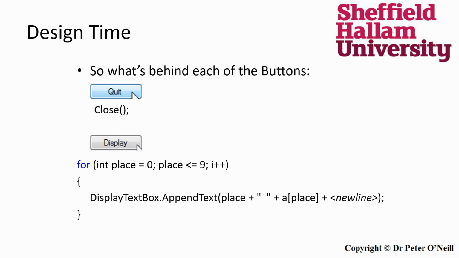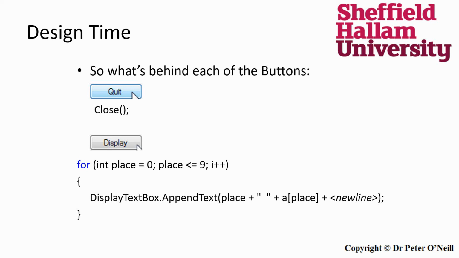So it will say place and then whatever number's in place followed by a new line. By the way, notice new line is in less than, greater than, and the reason why is it should have Environment.NewLine, but there wasn't enough room to get it on the slide.